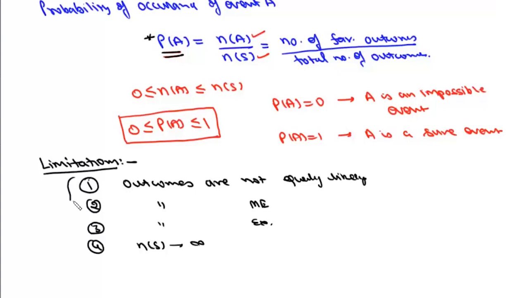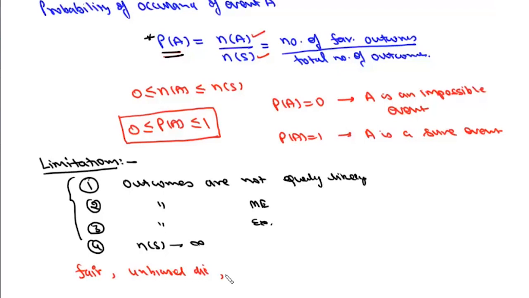And to overcome the limitations, generally, whenever there is a question, you'll find that it mentions we have tossed a fair coin. When we say a coin is fair, that means it is equally likely to get a head or a tail. Or we'll say we have rolled an unbiased die. That means it is not loaded in favor of any particular number, so there is an equally likely chance of getting all the 6 numbers.